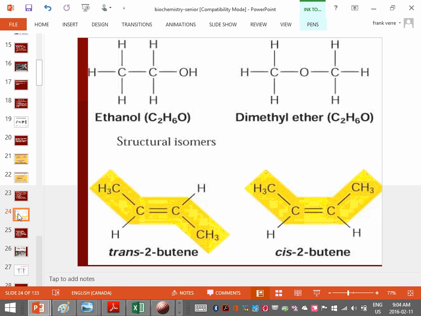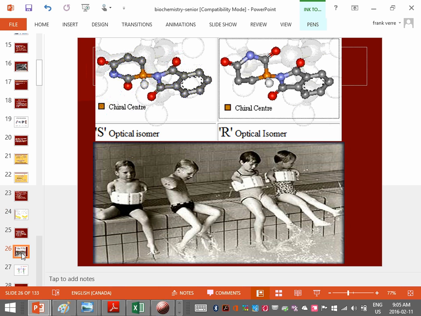We talked about isomers. Isomers have the same formula but a different arrangement. For example, you can see butene has the same formula for both of these molecules, but the arrangement is different. We talked about thalidomide, a tragic example, a reminder of an isomer.